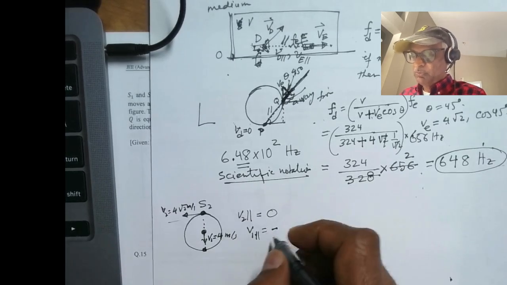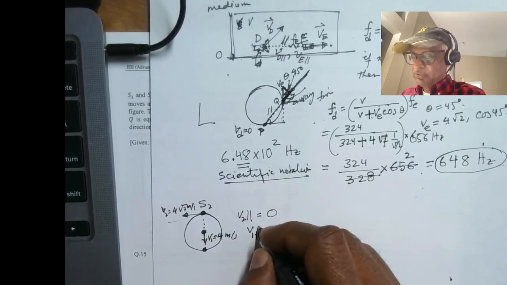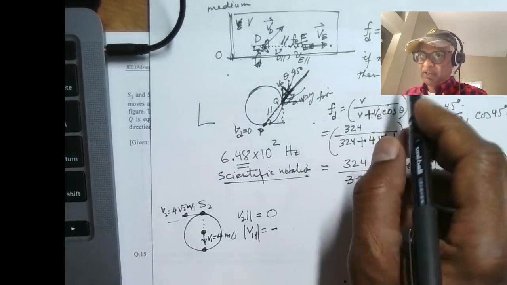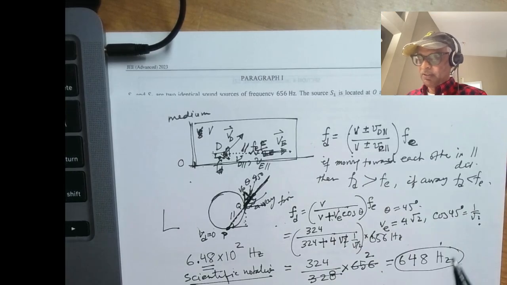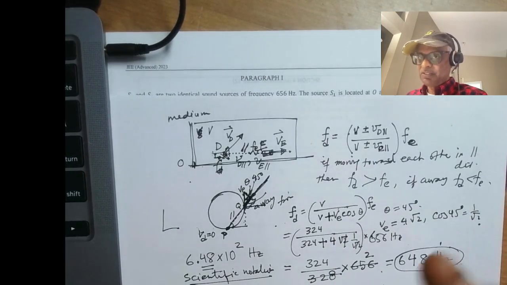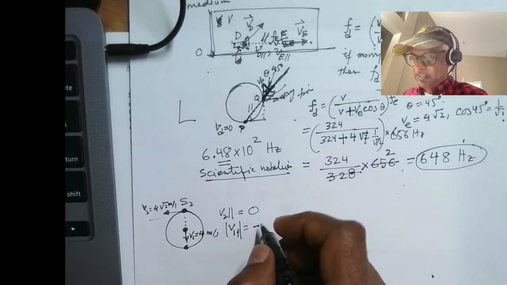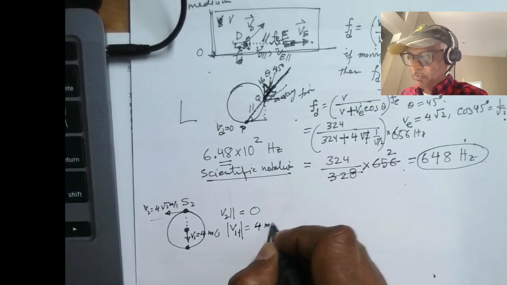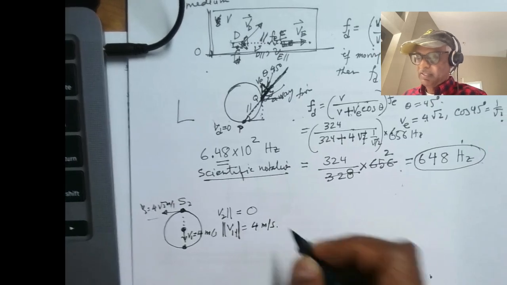So it should increase the frequency. So I'm just going to do absolute value and positive negative. I'll just use the positive negative from the concept of increasing the frequency or decreasing the frequency. So this should increase the frequency, and this will be just straight, writing the absolute value in meters per second.